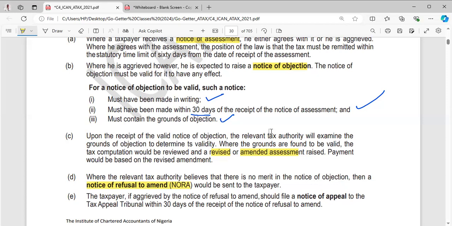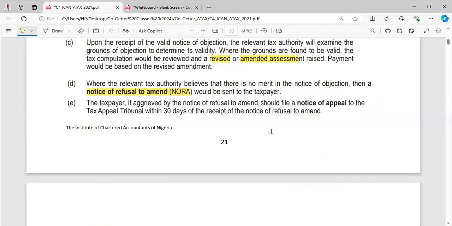If the taxpayer is aggrieved by that NORA, what should he do? Because here you have tried to reason with the tax authority. The tax authority is not shifting ground, neither are you shifting ground. You are not happy, they are also not happy with you.